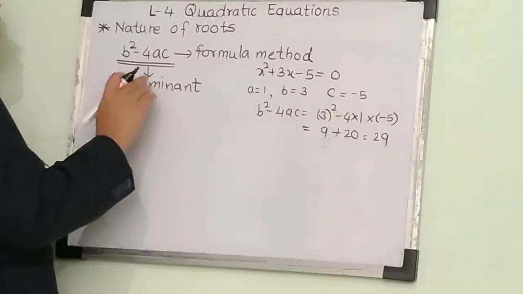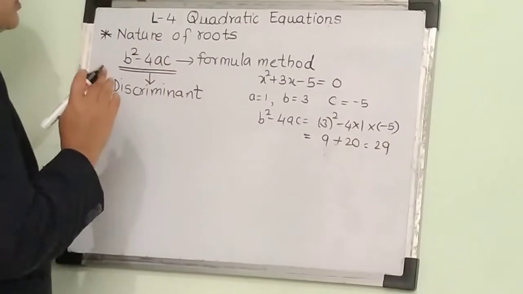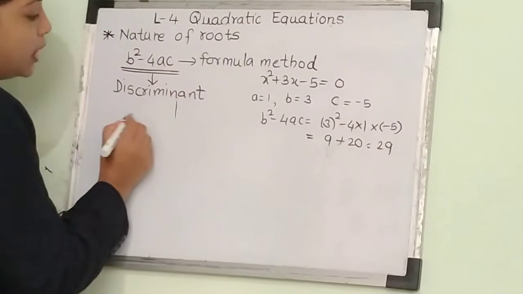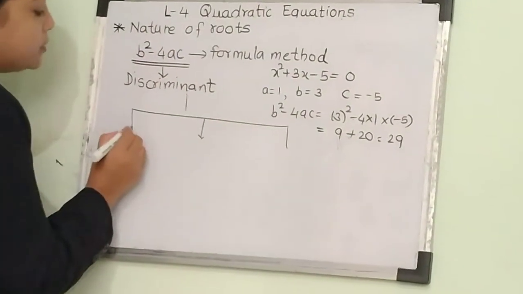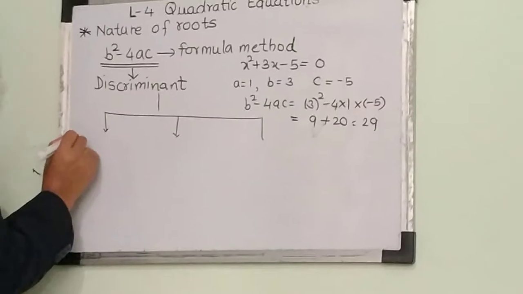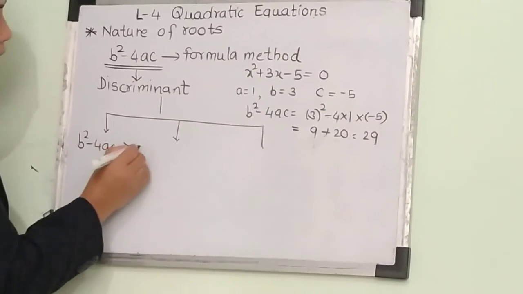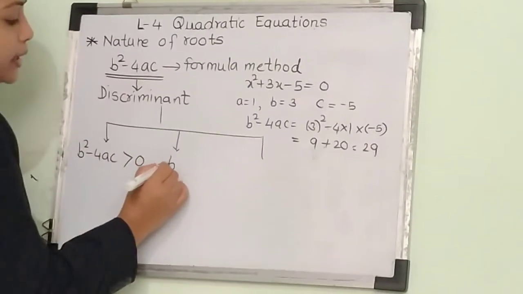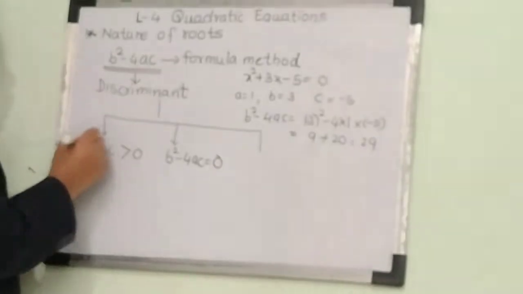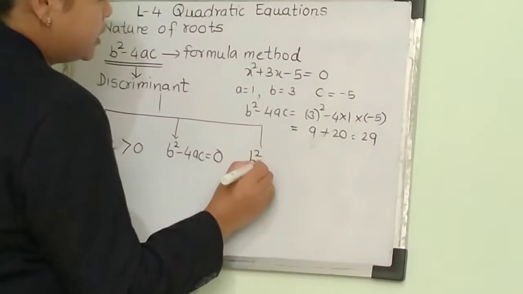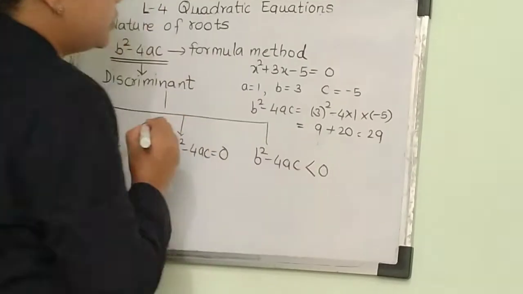Now depending on this value, we can decide the nature of roots. So first I will tell you how. There are three possibilities. First, the value of b square minus 4ac is greater than 0. Secondly, b square minus 4ac equals 0. Or thirdly, b square minus 4ac is less than 0.